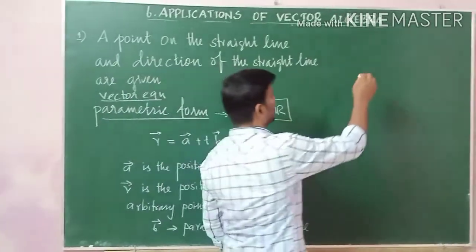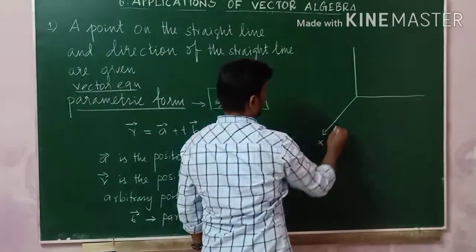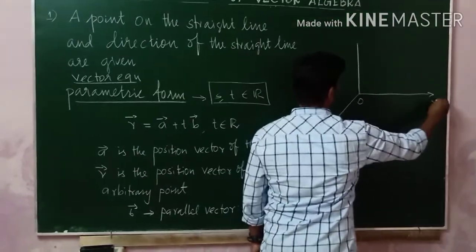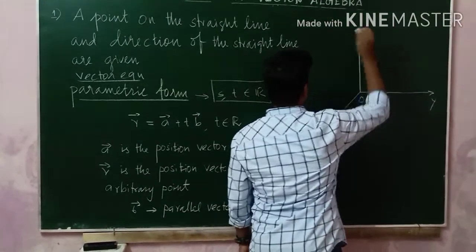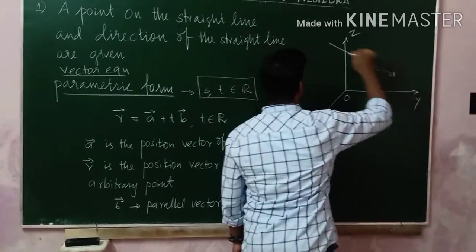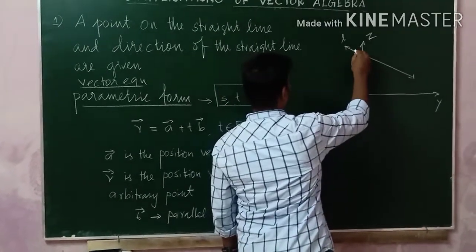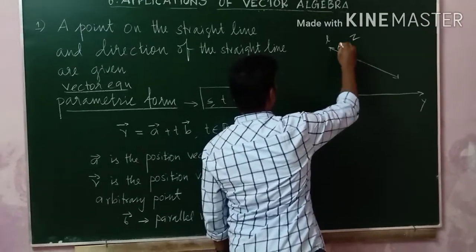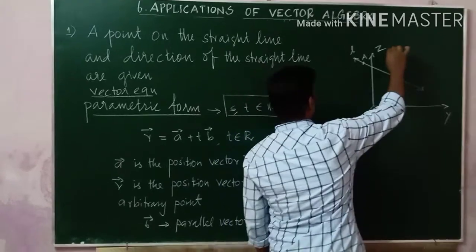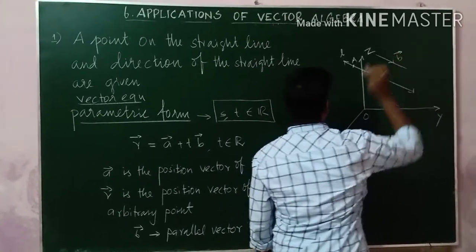Suppose in three dimension we have x-axis, y-axis and z-axis. So we are going to find the equation of straight line, this line only. Suppose A is the point on the straight line and the parallel vector B vector are given.